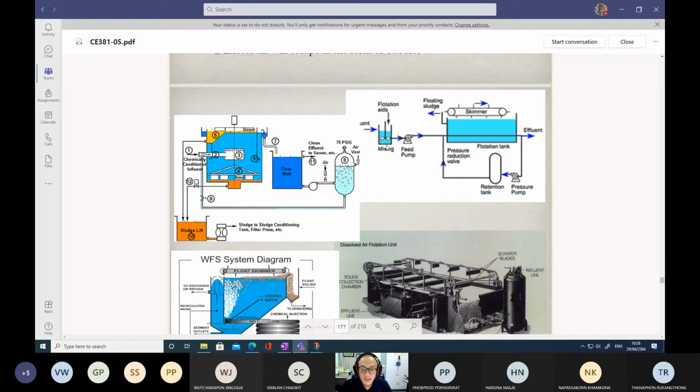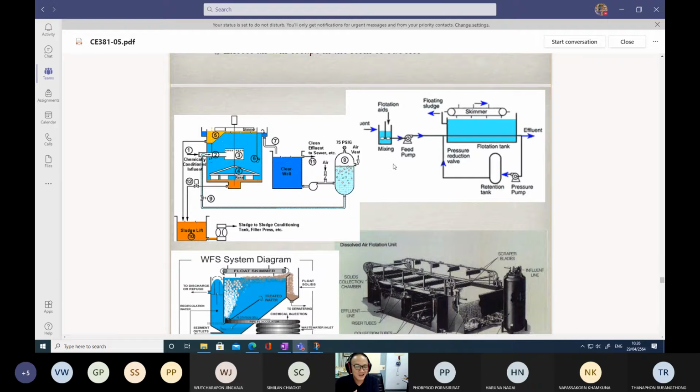This one is the mixing tank, where sometimes we add chemicals, flotation aids. Flotation aids are mostly polymers. They have the capacity to hold the suspended solids together.